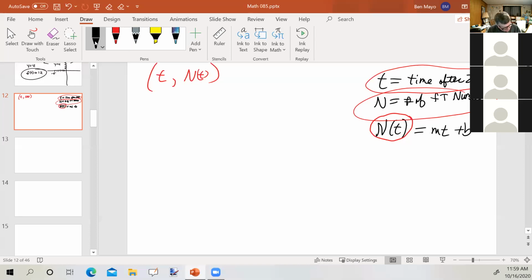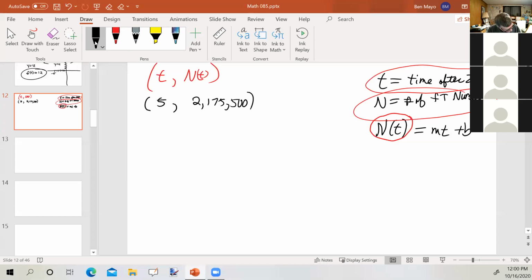In 2005, what time is it in 2005? What would T stand for? 5. In 2005, approximately 2,175,500 nurses were needed. So 5 is the input, 2,175,500 is the output. Time, nurses.